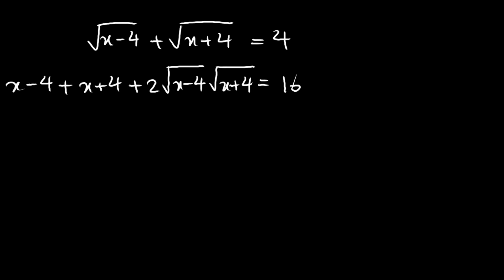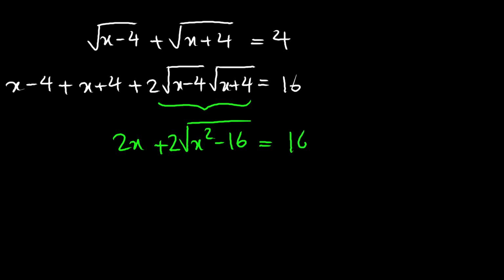Now, since x is greater than or equal to 4, I'm allowed to say that this is equal to the square root of x squared minus 16. So we have 2x plus 2 times the square root of x squared minus 16, and this is equal to 16.